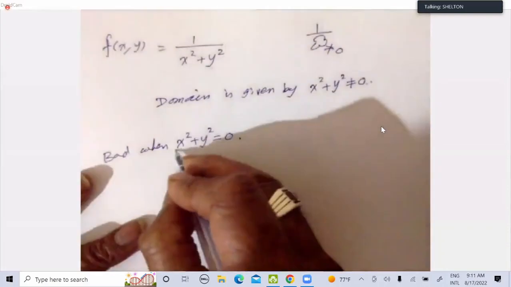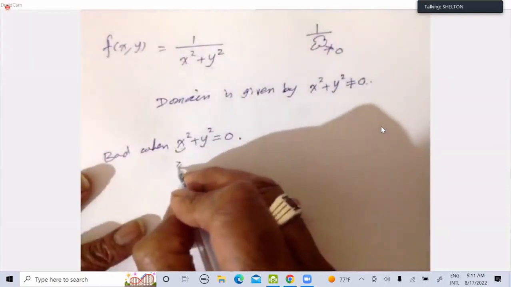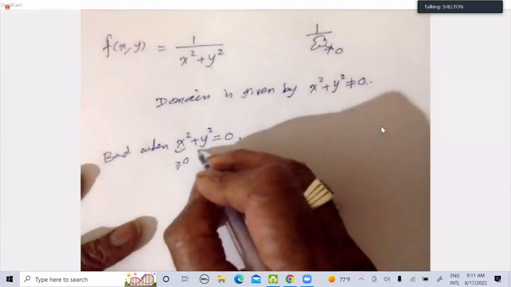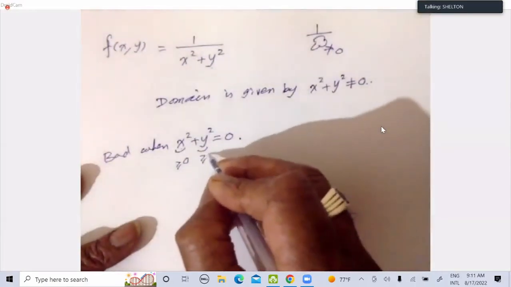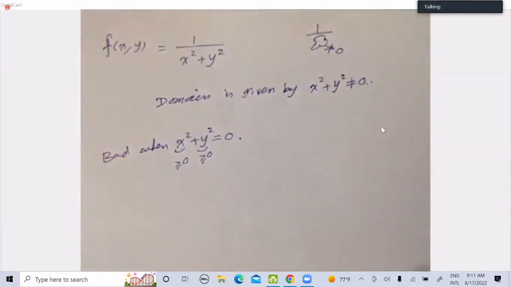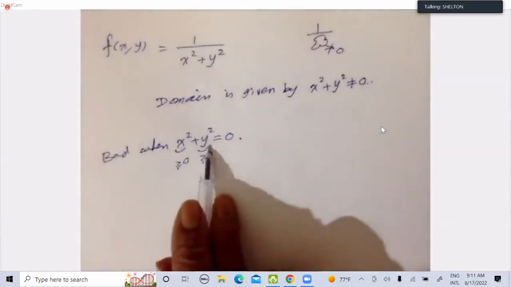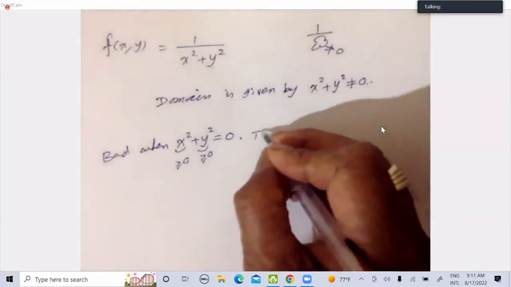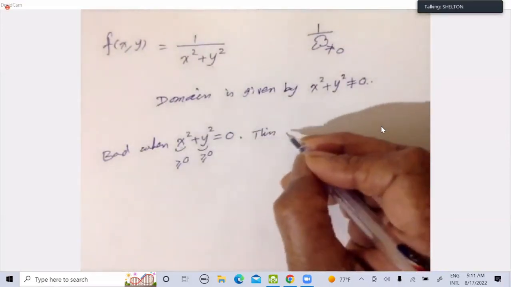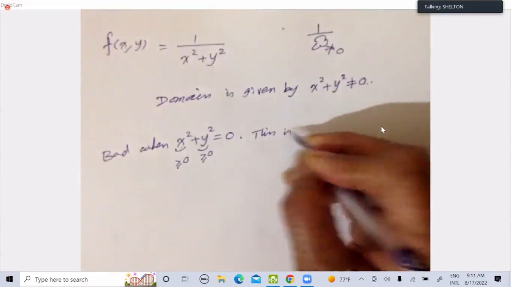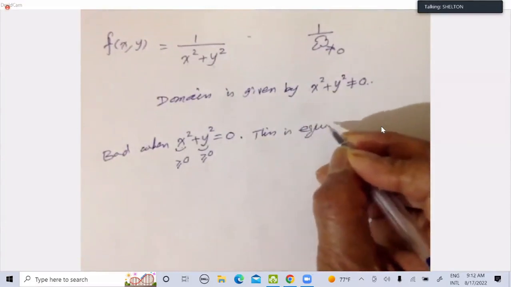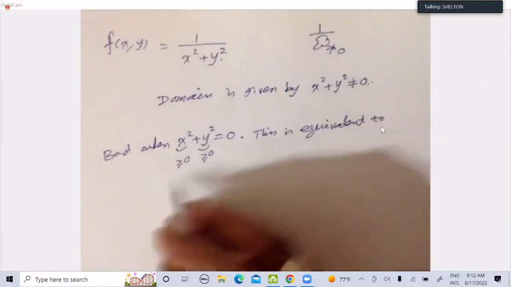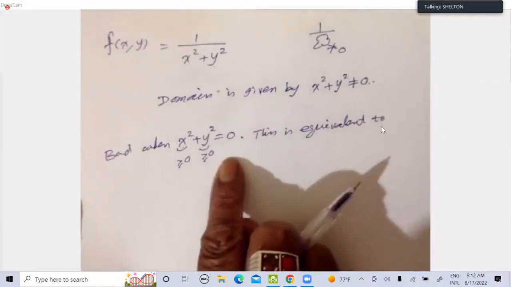But we know x is a real number, so x squared is non-negative. y squared, a real number, is non-negative. If you add two non-negative numbers and get answer 0, this is equivalent to only one solution. What is the solution?